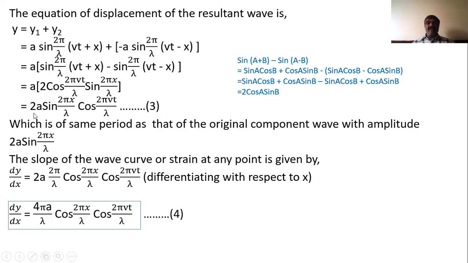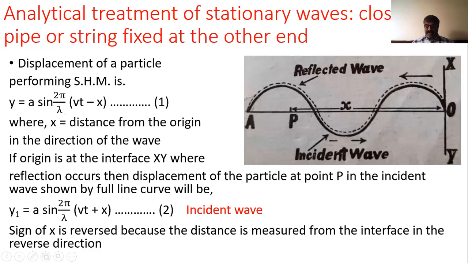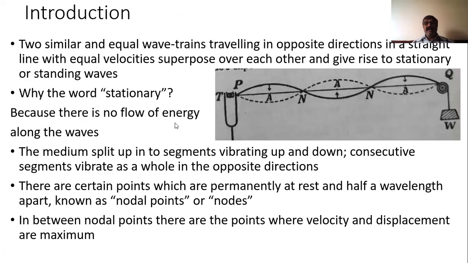And let me recall the stationary wave in the first slide. As I have told you, here the amplitude is 0, and it increases sinusoidally and is maximum here, at the position of the antinode. Then it decreases sinusoidally and becomes 0 at the position of the node, then increases again.